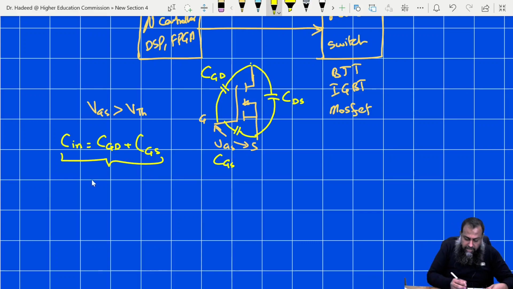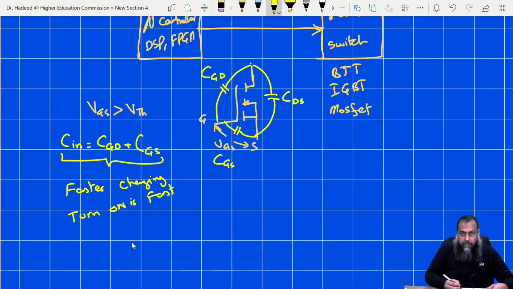Now, this Cin defines the maximum frequency at which a device can switch. So, if we charge it faster, it means that the device turning on is fast. Similarly, if we discharge this at a faster rate, then the turn off of the device becomes fast.